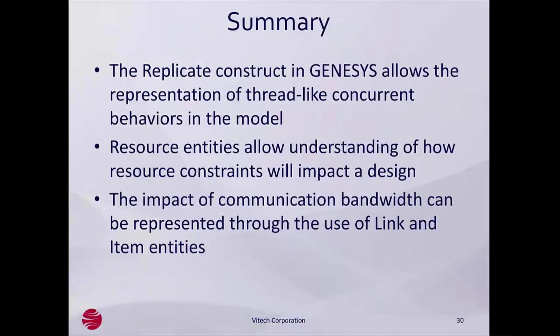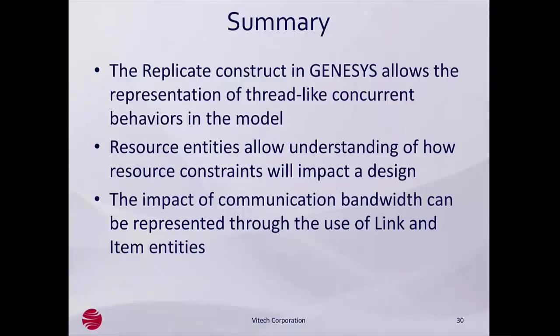In this webinar, we have seen how the replicate construct in Genesis and Core allows us to represent thread-like concurrent duplicated behavior in the model of our solution. We have seen that with Genesis, we can also simulate the replicate construct behavior.